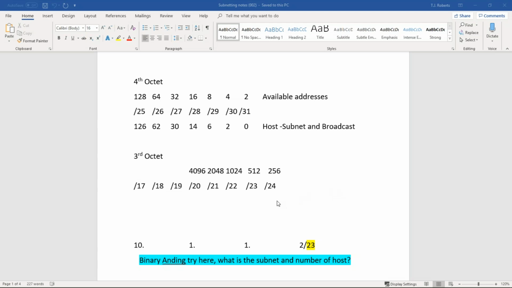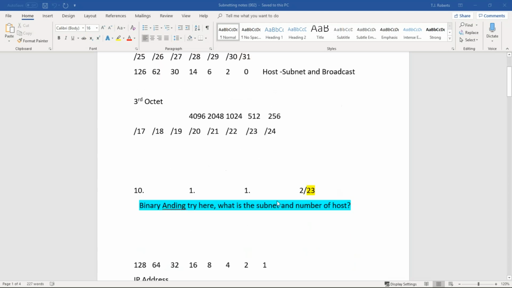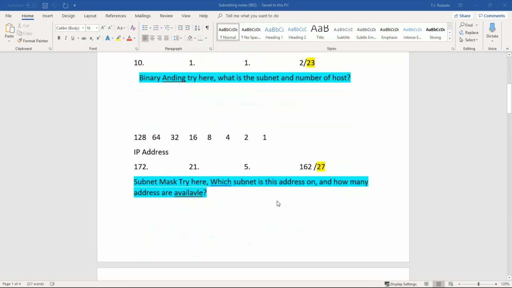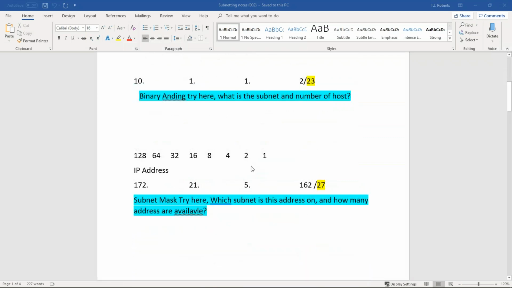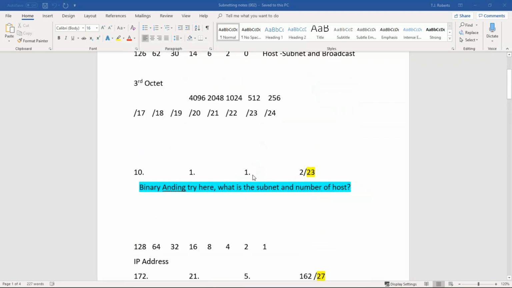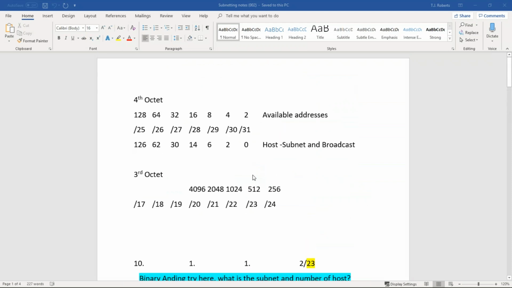But for now, at the very least, you should be able to do that. And if you want, this document is actually in the forum under the Net Plus section, and you can use this to practice. You can also use examcompass.com. There are a ton of subnetting questions. Just do the subnetting section and you can practice your skills there. But I wouldn't recommend doing that yet because there are other aspects that I haven't shown you yet, and you won't know how to do some of those.